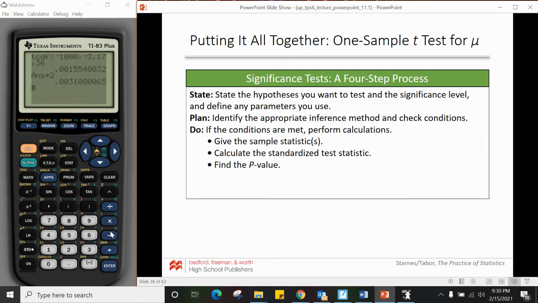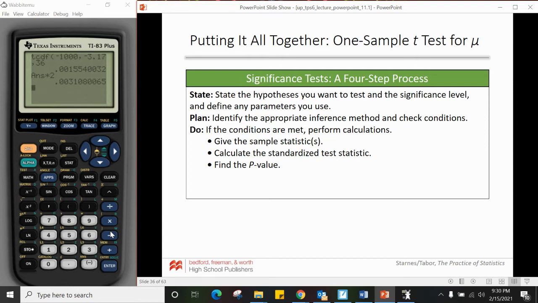In the do step, if the conditions are met, you're good to proceed. Give the sample statistic, which is our x bar, whatever your sample came out to be. Your standardized test statistic is your t-value, your t-score, and that's t equals x bar minus mu naught divided by s sub x over square root of n.